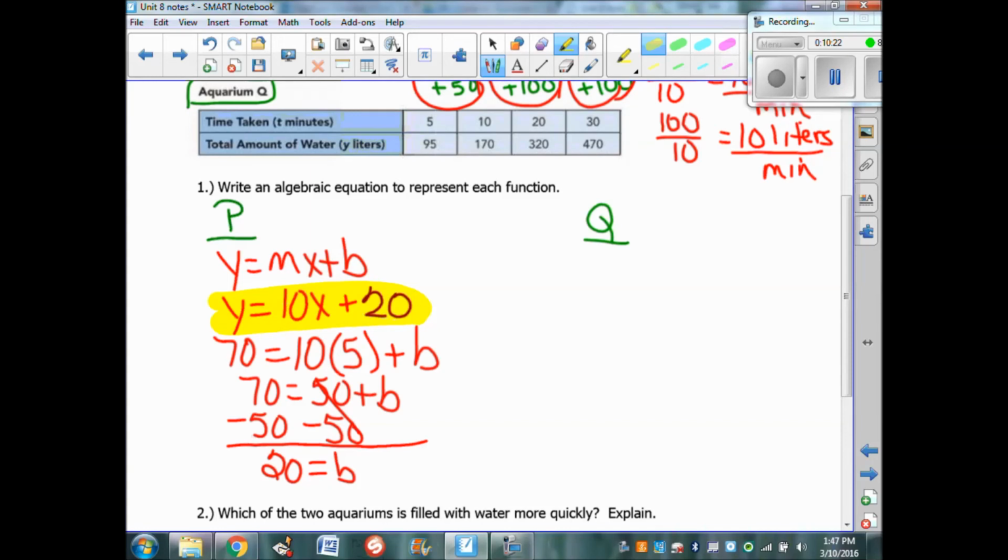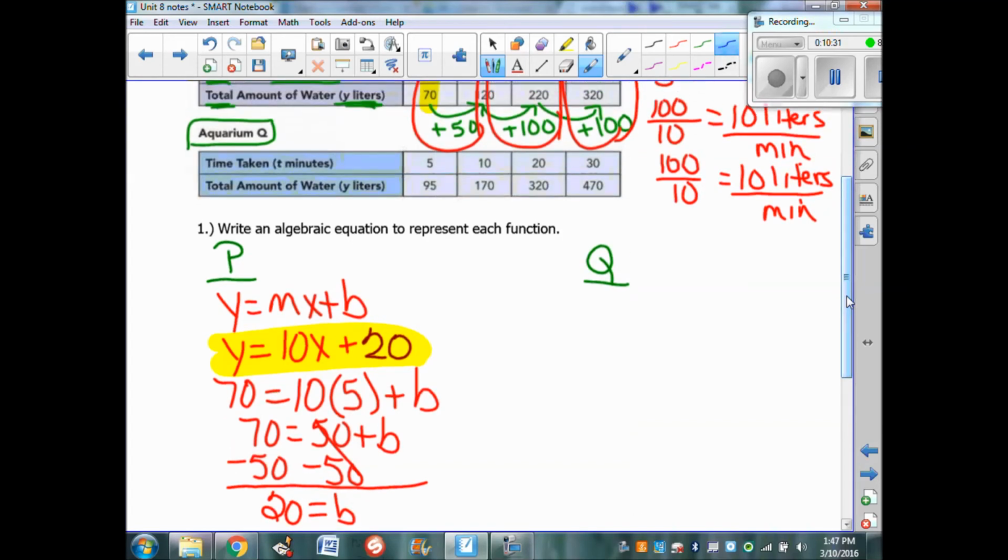Now let's do the same thing for aquarium Q. Let's see, is it linear? We still do, that's plus 5, plus 10, plus 10. The times are the same. Now let's figure out from here to here, that's going to be a plus 75, and then a plus 150, and then that one's also 150. So again, let's do some division to find our slope, to see what our rate of change is.